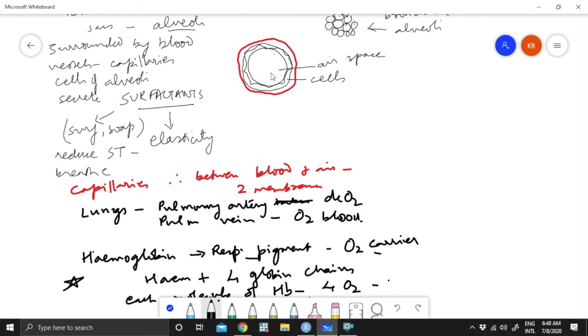From inside the alveolus, O2 goes into the lungs. The reason is simply diffusion, because there is more oxygen concentration in the air over here, less in the lungs, so O2 diffuses in, whereas CO2 from inside simply diffuses into this alveolar space.